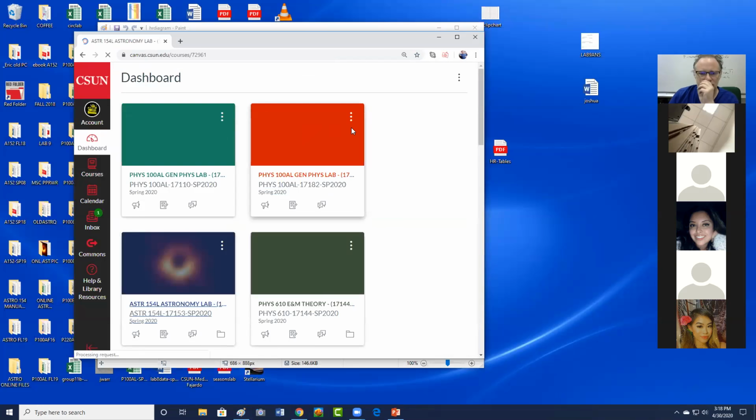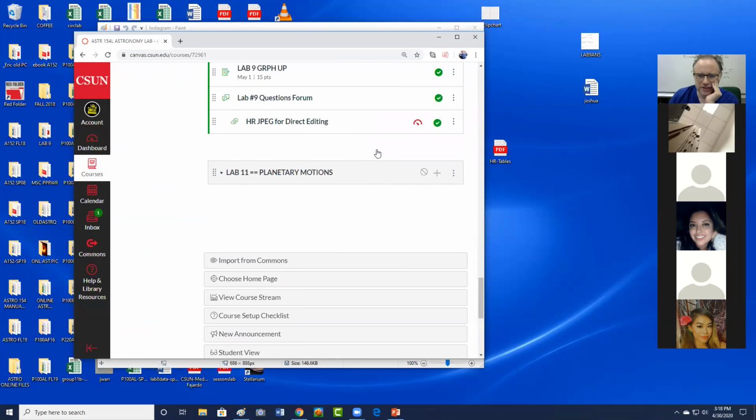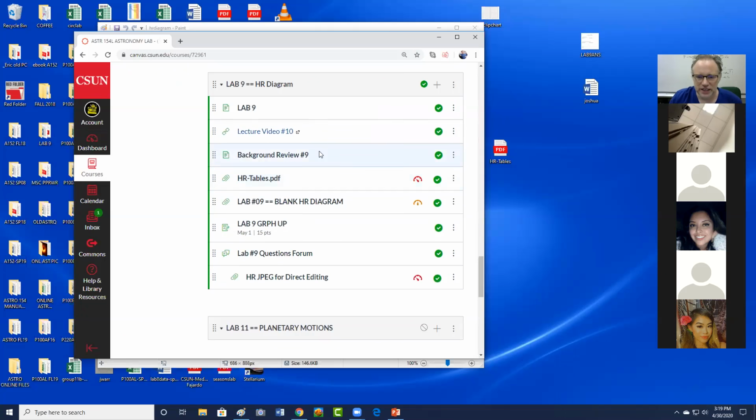Your instructions are very specific, and I want you to be specific about the different ones you use on here. Please do follow these instructions. The instructions for this lab, I believe, are in the background review, or they're in the tables themselves.